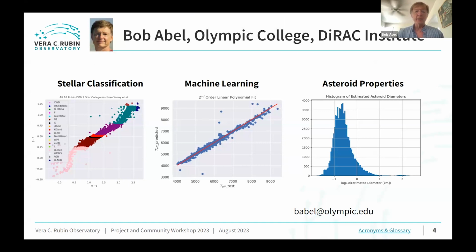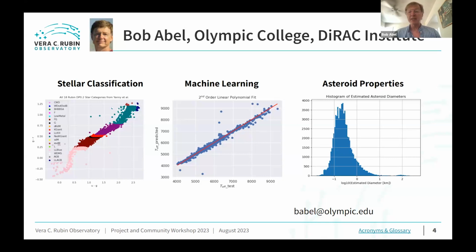And then in the middle, I did some modeling, some machine learning, and I really want to get into that more. This was just a simple polynomial fit, trying to predict temperatures based on Sloan Digital Sky Survey colors. And then I applied it to the DP0.2 data to see how it looked.